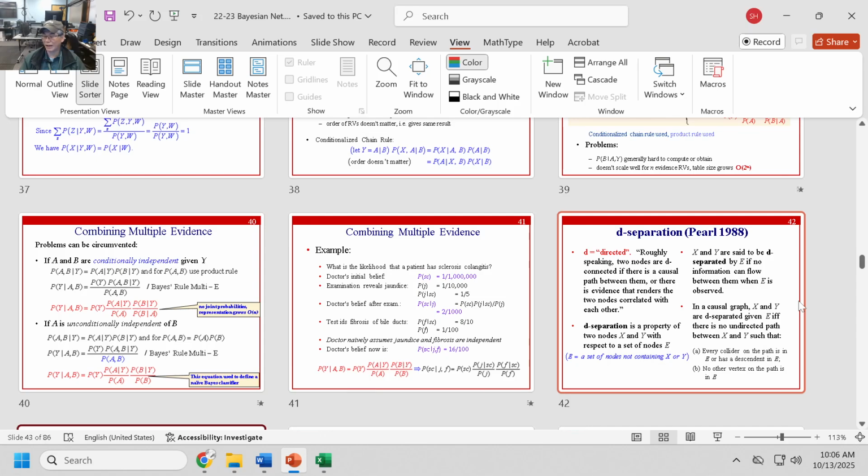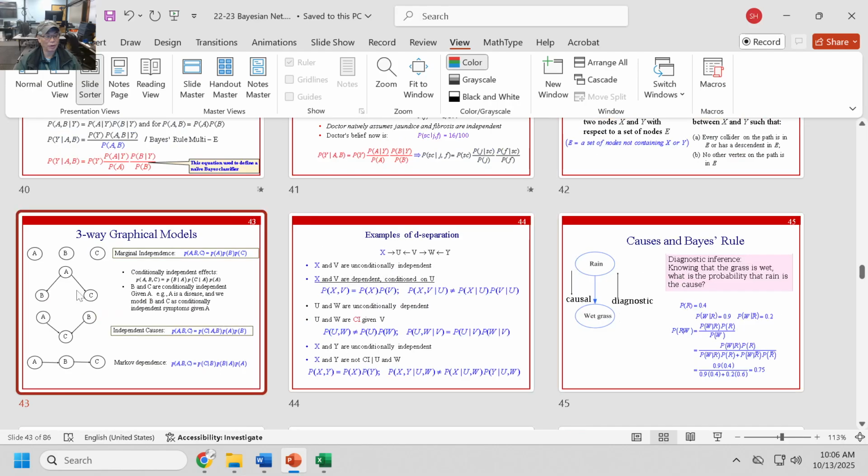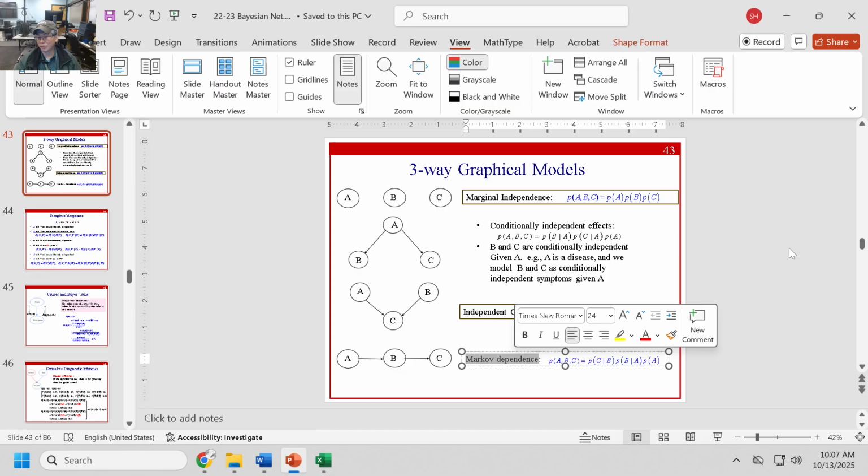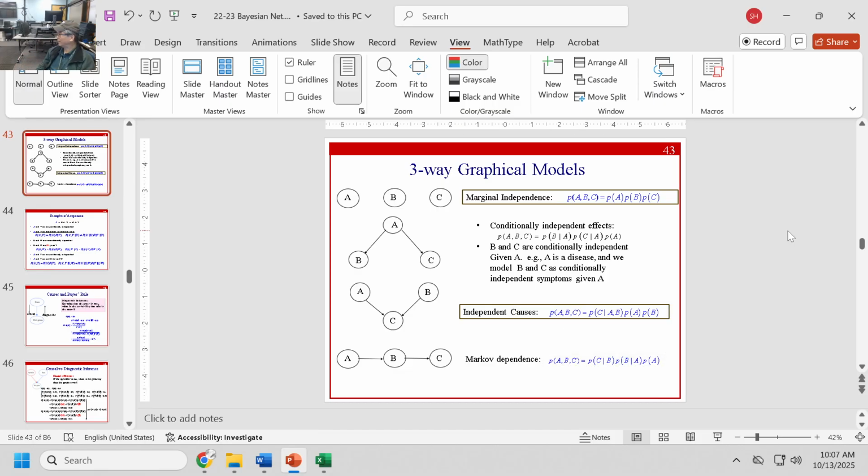If I cannot generalize it, I cannot use it again. Okay. Now, where we're going right now is we're trying to say how to build those structures. So we can have common cause, common effect, and we can have the so-called Markov dependency. And in this term, you have Markov chain, right? And what does Markov chain mean? It's essentially a continuous link between different nodes, which will give you conditional independence.